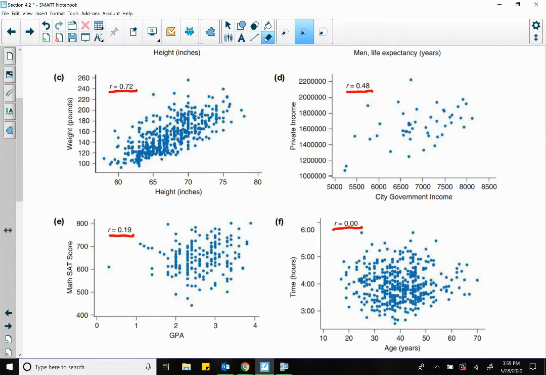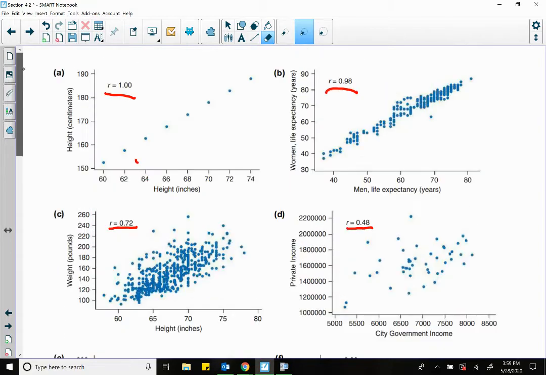So this kind of illustrates what we were talking about before, where the stronger you are, the closer your dots are together and forming a line. So here, when the relationship is 1, look at that. It's a perfect line. But over here, as we start to deviate, as there's a little bit more variation vertically, as my dots separate vertically, my R value starts to get a little bit lower.